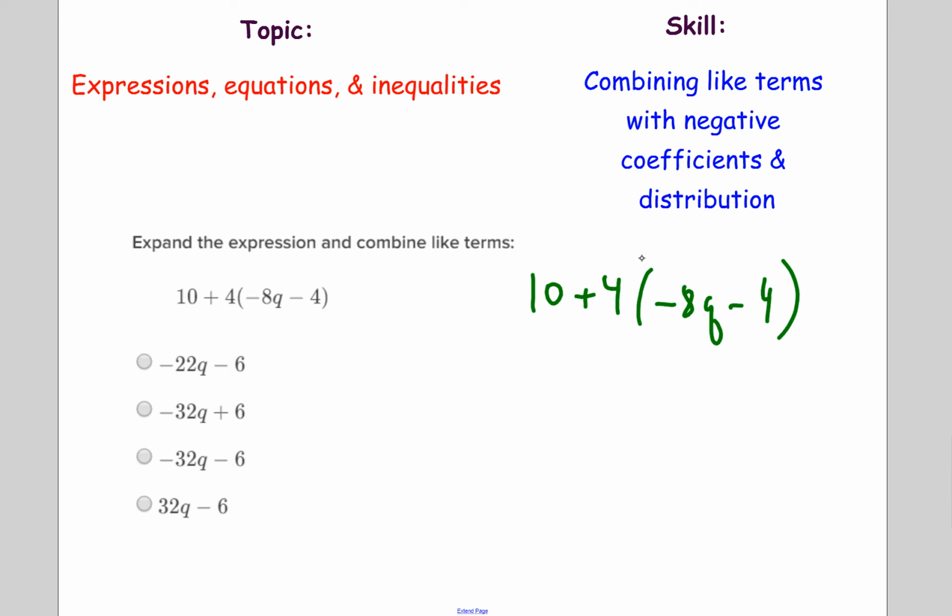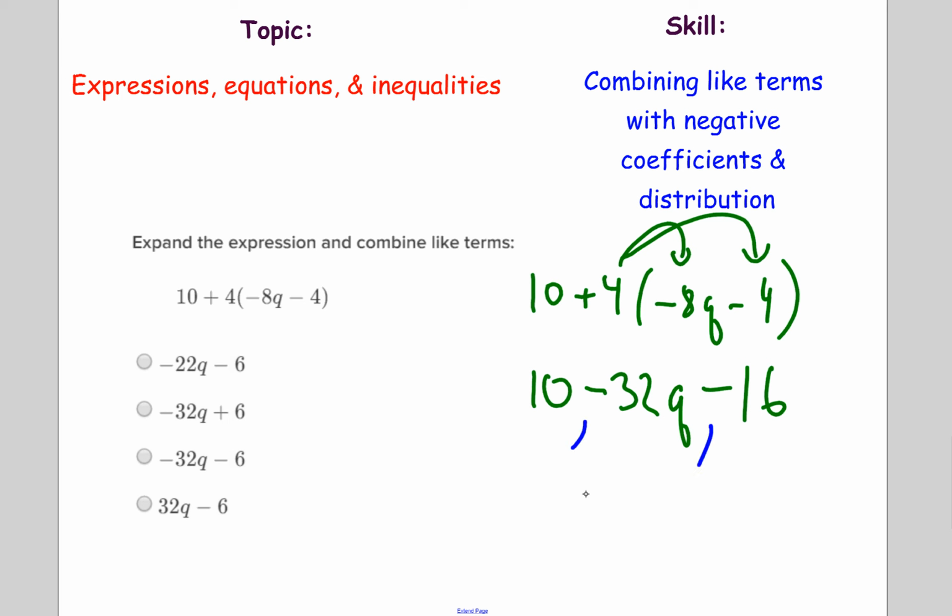So you would distribute the 4 to the two terms in here. So bring down my 10, and 4 times negative 8 is negative 32q, and 4 times negative 4 is negative 16. So you have 10 minus 32q minus 16.